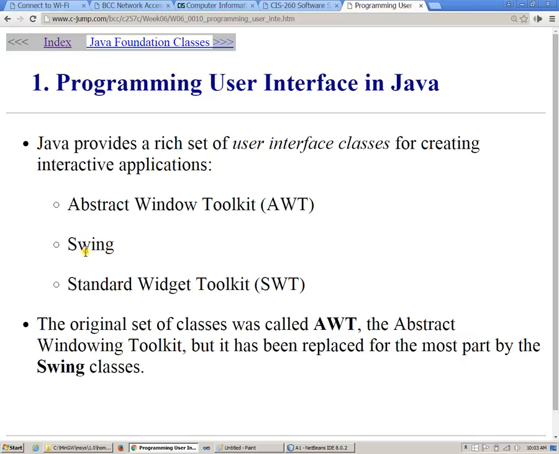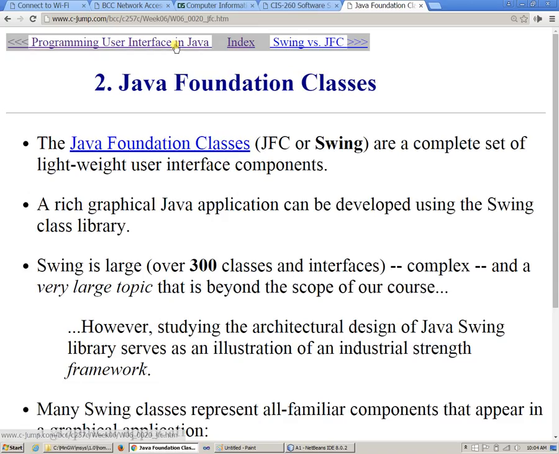Generally speaking, we refer to it as Swing, a set of Swing components, which is incredibly rich and gets richer every year because Java essentially provides a solution for graphical user interface on both desktop and Java applet environments. So this is what we're going to take a look at.